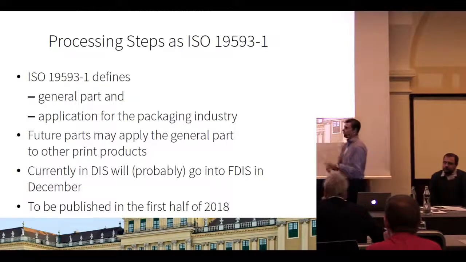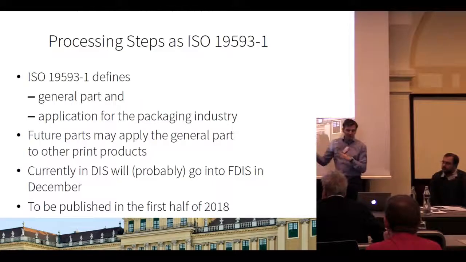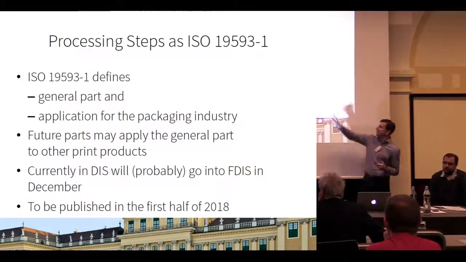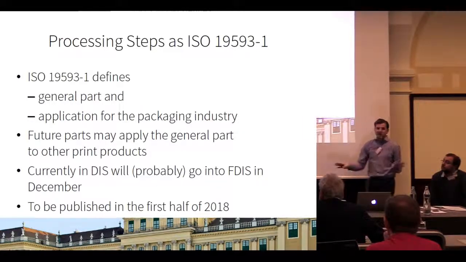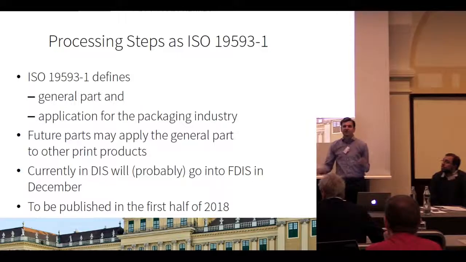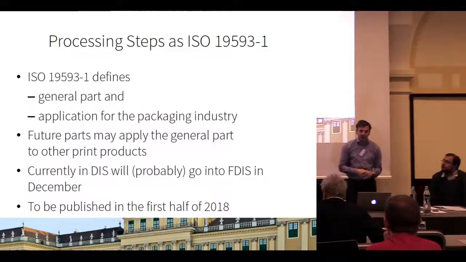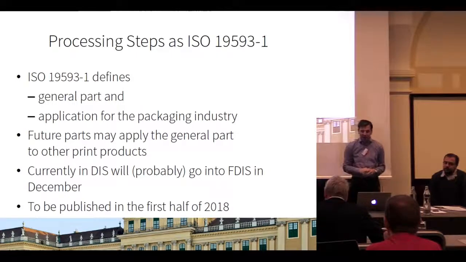I don't know, for booklets or whatever. So, as I've said, this is currently a draft international standard. It will most probably go into FDIS, which means if we have a meeting by end of this month, if no major things show up, and I don't expect that, then that will go into FDIS. There will be a final voting on it, and then it is going to be published in 2018.